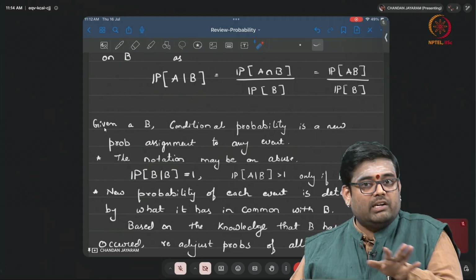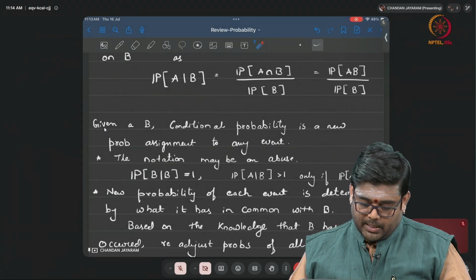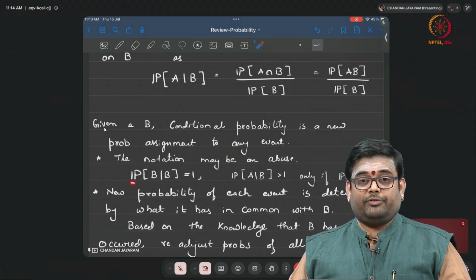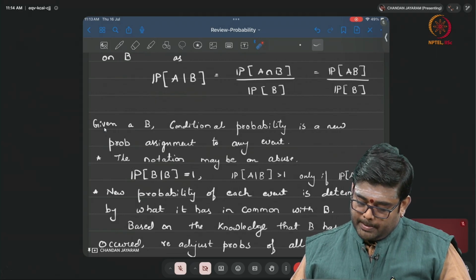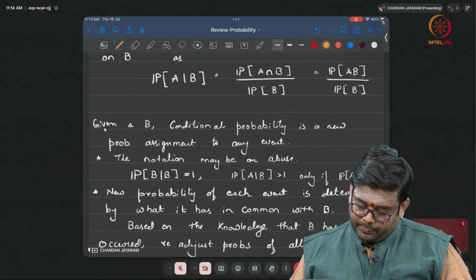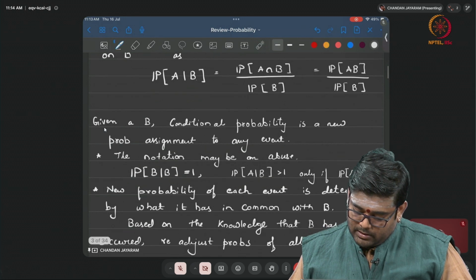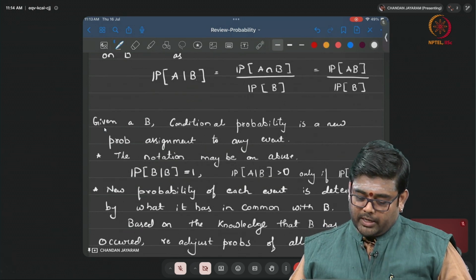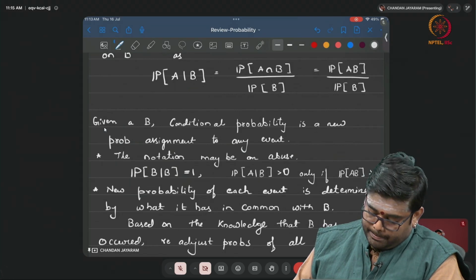Once we know that it is an abuse of notation, that is fine, at least we are aware of it. So the probability of B conditioned on B is 1, and this is greater than 0 only if the probability of AB is greater than 0, okay, fine.